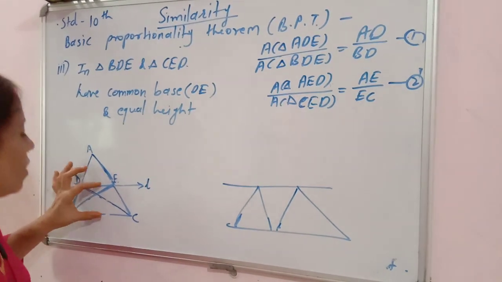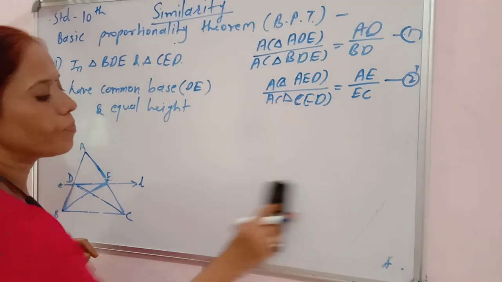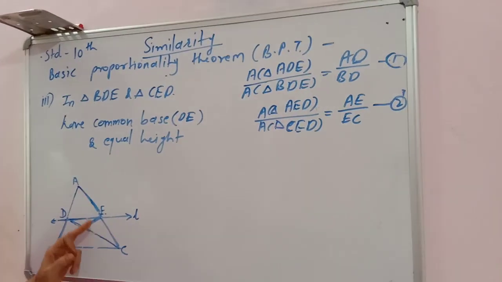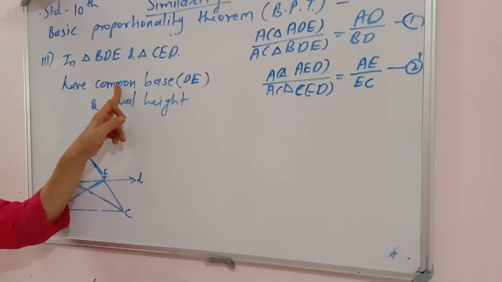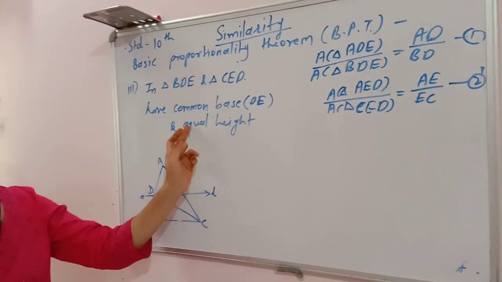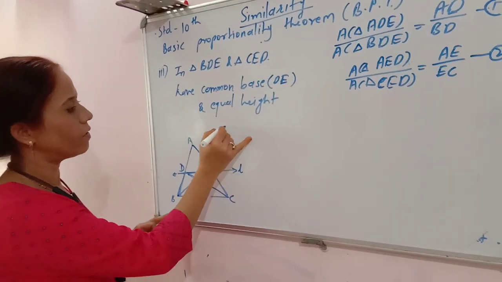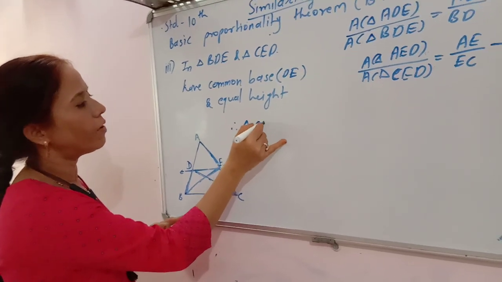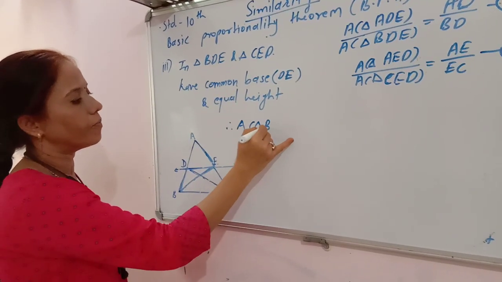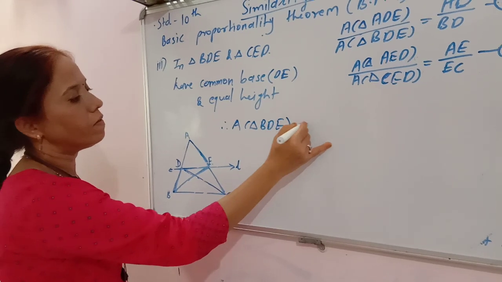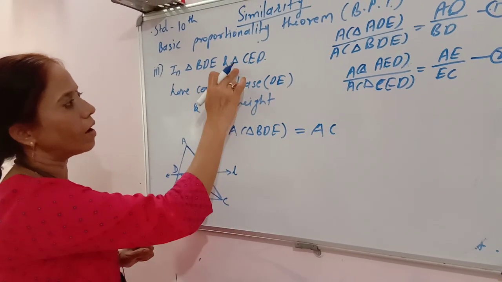So these two triangles have the same height, and the triangles having common base and equal height have equal areas. We have learned this property in the last lecture, and therefore area of triangle BDE is equal to area of triangle CED.